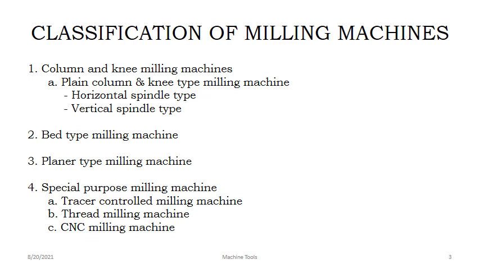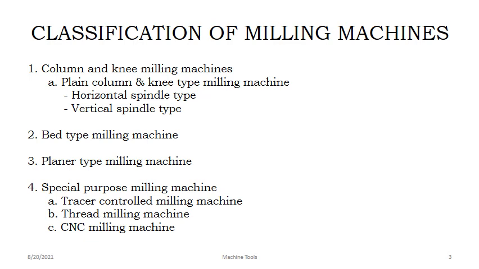Second is the bed type milling machine. Third is the planer type milling machine. Fourth is the special purpose milling machine, which is again classified into three groups: tracer controlled milling machine, thread milling machine, and CNC milling machine. CNC means computer numerically controlled milling machine. These are the four important types of milling machines used in industries.